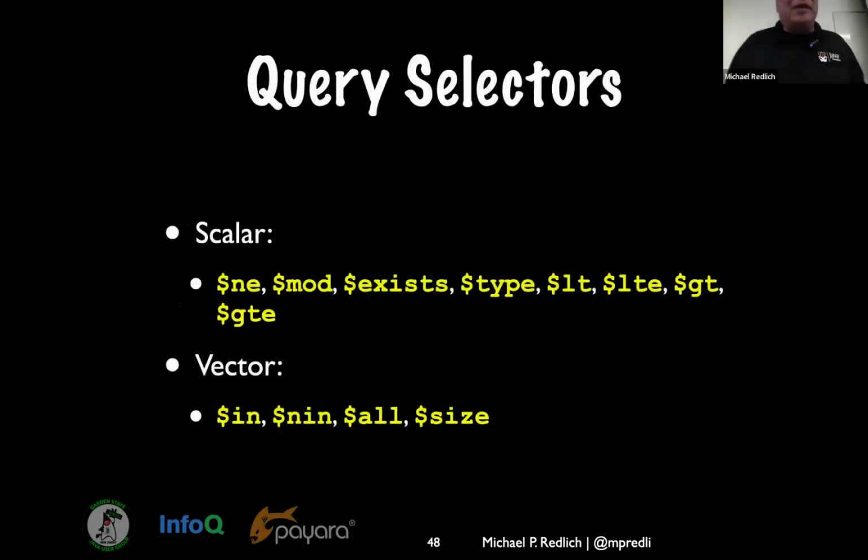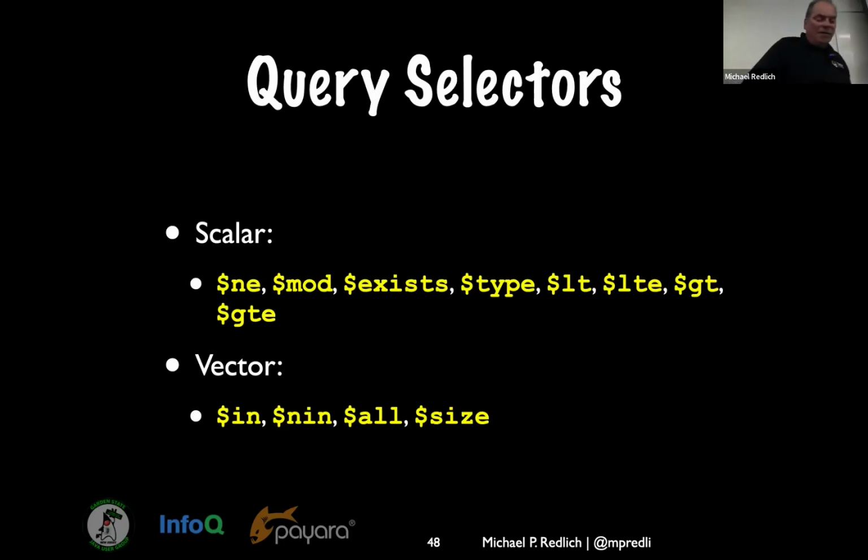You have query selectors here. So you can understand why you don't need the $ sign, or you can't use a $ sign in the language, because these are reserved for these scalar values. So any is not equal, right? You can do the modulus operator, if something exists and so on. GTE is greater than or equal, and things like that.